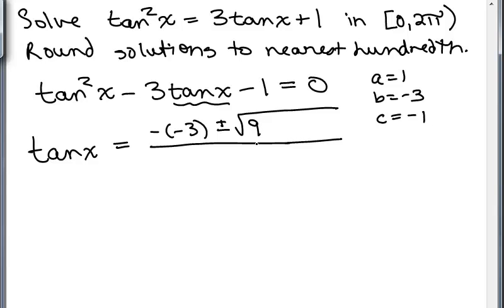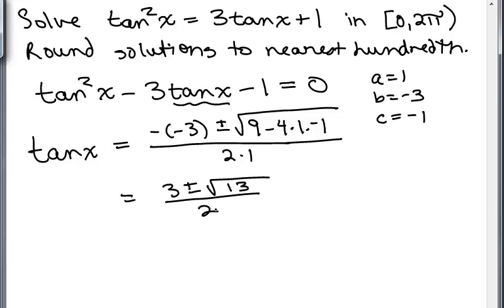Doesn't matter if you think of it as 3 squared or negative 3 times negative 3, you're going to get 9, minus 4 times ac. So that's times 1 times negative 1, all over 2a. So this gives us 3 plus or minus the square root of 9 plus 4, that's 13, all over 2.